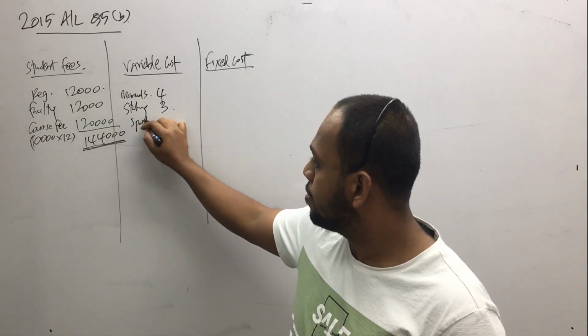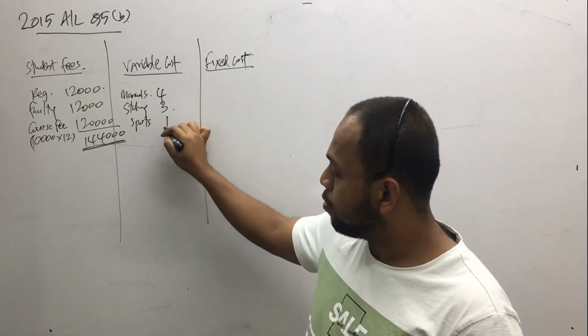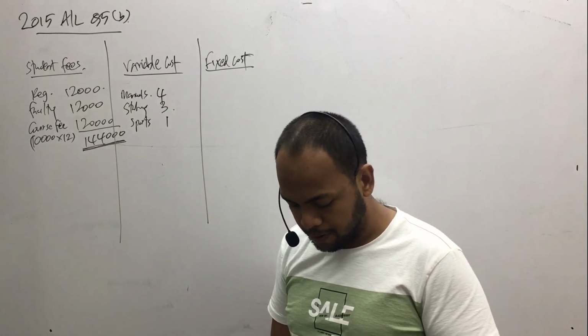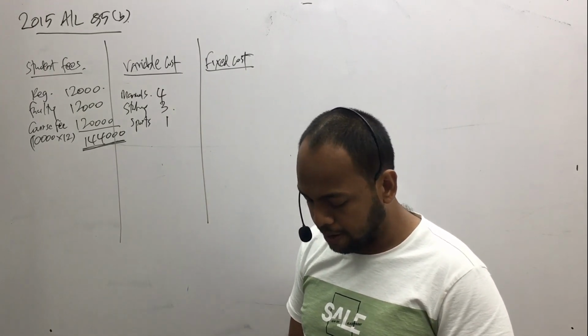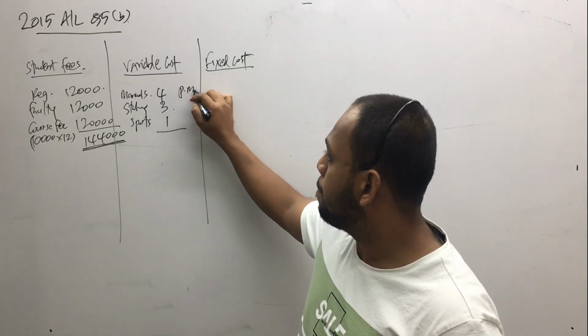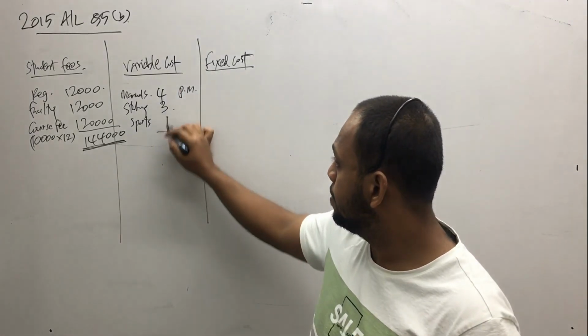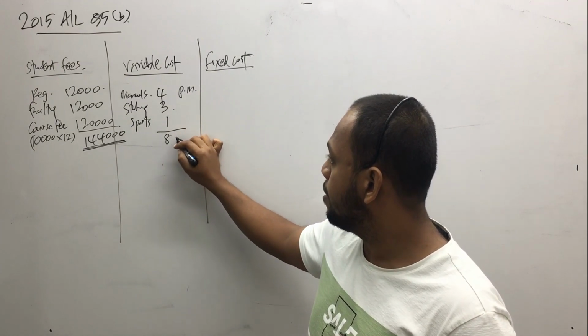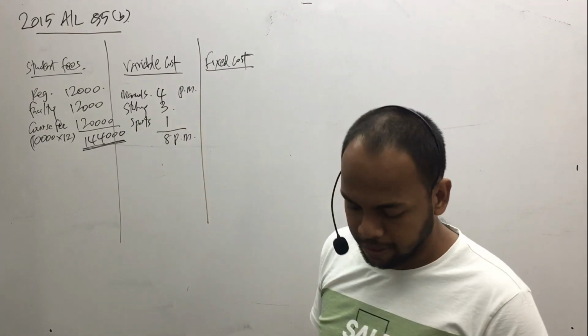Sports expenses 1,000 per month per student, right? So these are the variable cost per month, 8,000 per month.